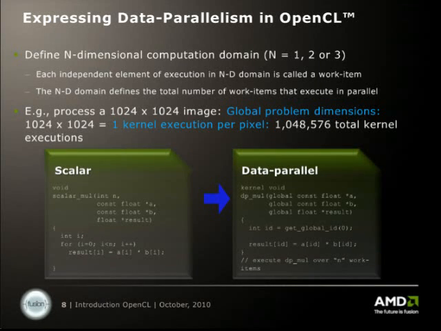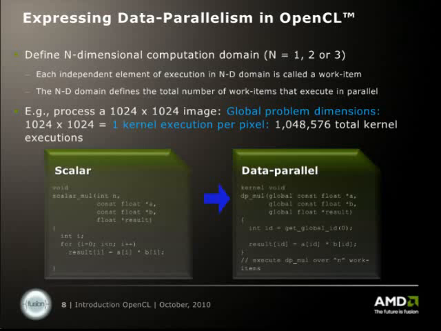And in the data parallel world, the OpenCL world, we go to the right-hand side, where you can see that we've introduced this keyword called kernel. Kernel is just a keyword to say this is a potential entry point from the host. If we don't worry about these attributes that say global here, these are called address qualifiers, we'll come back to those in a minute, we can see that we've got our normal A and B inputs and our result output, but the loop's gone.